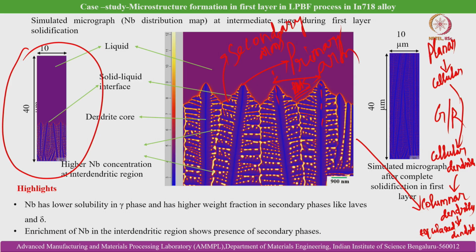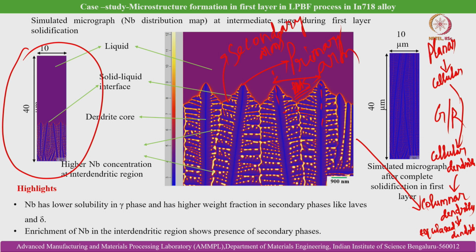We have also evaluated the evolution of secondary dendrite arm spacing under different thermal gradient and cooling conditions. For your understanding, I am also drawing the secondary arm spacings here, which will be like this.